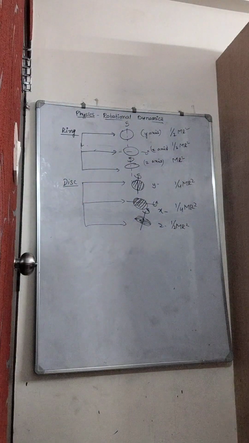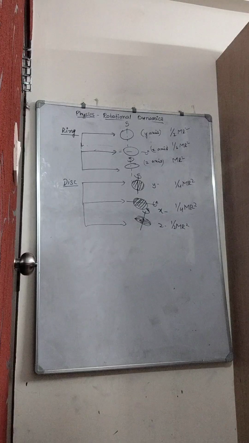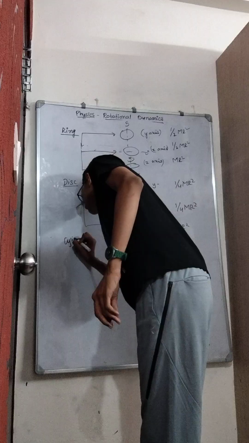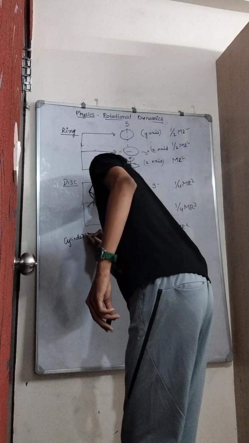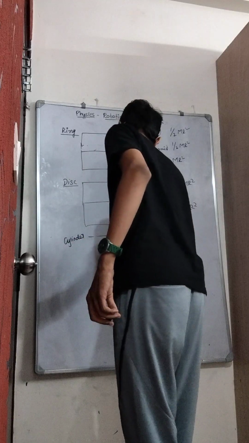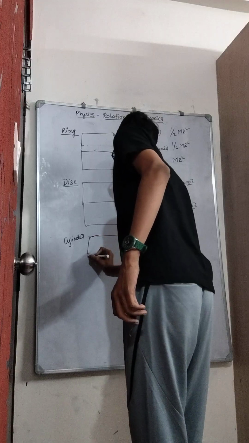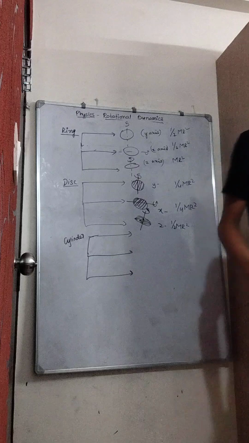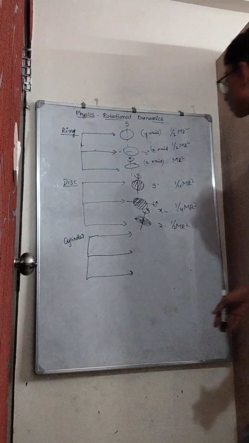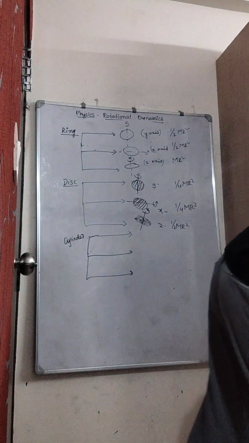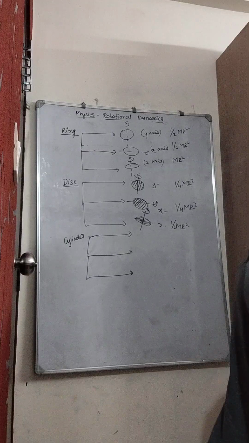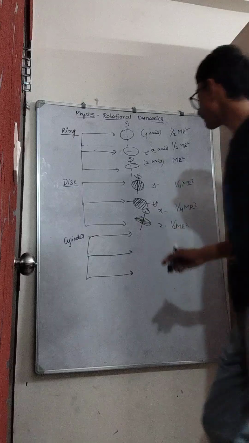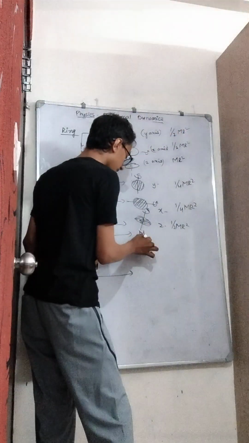Okay, so next, what object is a solid cylinder. Now next is the cylinder. Now for the cylinder, one which will be like this.